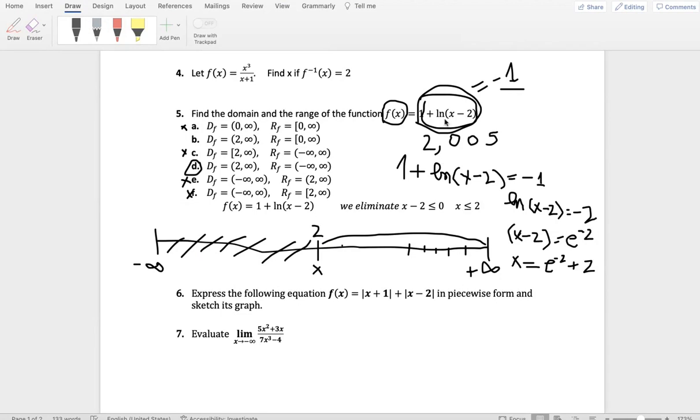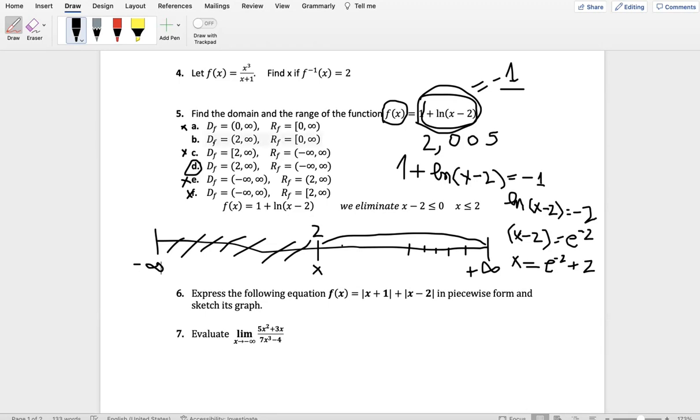Okay, so going back to this, we are trying to prove that if you take a value like -1, which is not in the range that is given here, and you solve for x, you will find that x is in the domain.